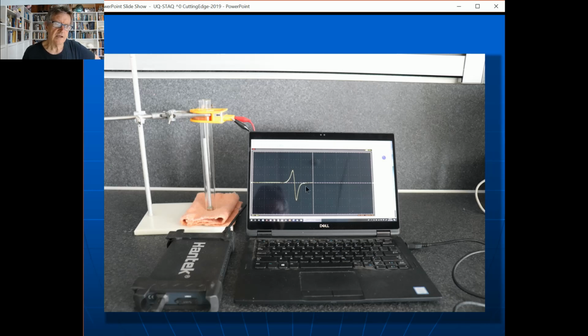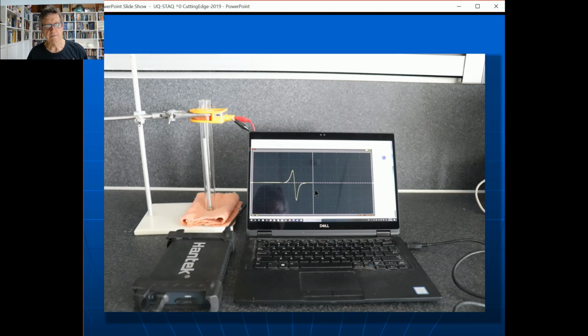So the magnet accelerates as it goes through, so it's going at a lower velocity as it comes in than it comes out. So that's why that's a bit narrower there than across there. And you'll notice the peaks are different because it's going at a higher velocity here. You get a bigger EMF than up here. So that's a nice little experiment.